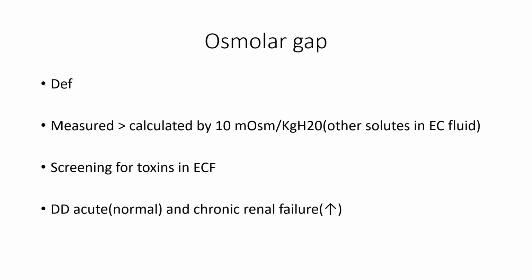The osmolar gap can be used for screening for toxins in the extracellular fluid. It will differentiate between acute and chronic renal failure. In acute renal failure, the osmolar gap is less than 10, which is normal, but in chronic renal failure, it is more than 10, and this is related to the accumulation of toxins in the blood.